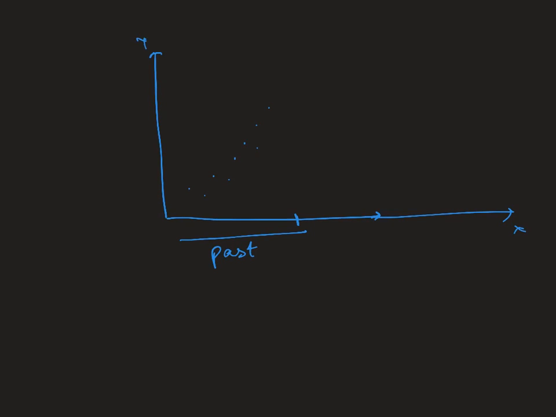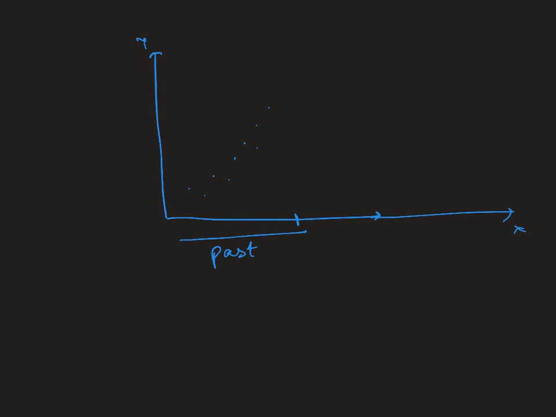Now I will start with what my head thinks a regression line is, a very basic explanation. Let's say you have some observations. This is past and this is future. Now, I say that if I have two variables x and y, I know how they played out in the past.